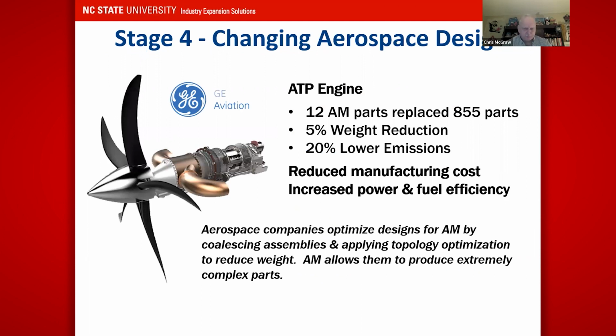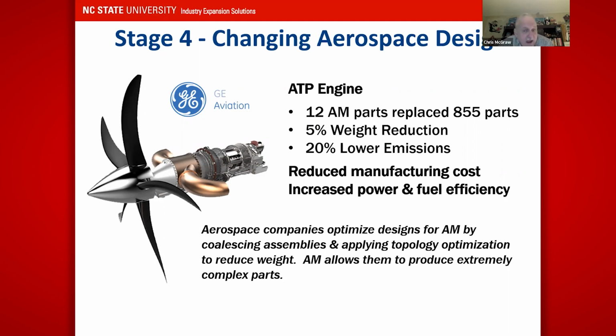This is an example. Another aerospace example. And they call it an advanced turboprop from GE. This is pretty amazing. They took 855 parts and combined them into 12. So you think about the magnitude of change there for your supply chain. We'll have to figure out how to make 12 things versus manufacturing 855 different parts.